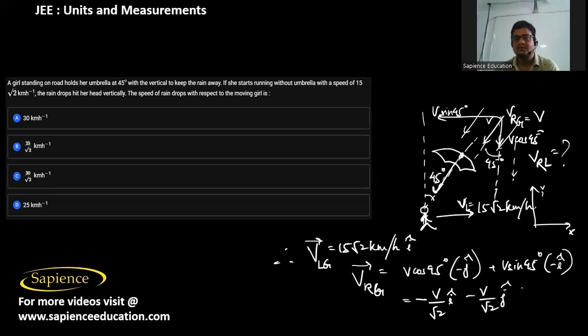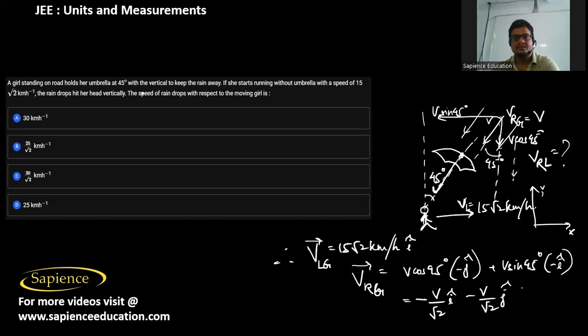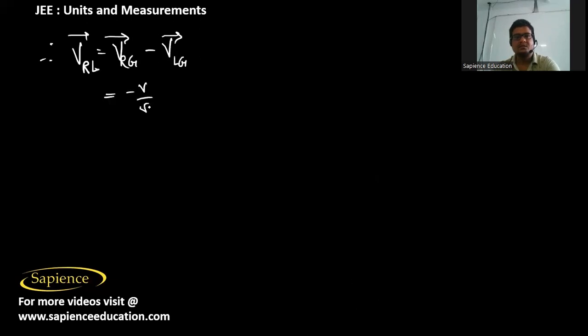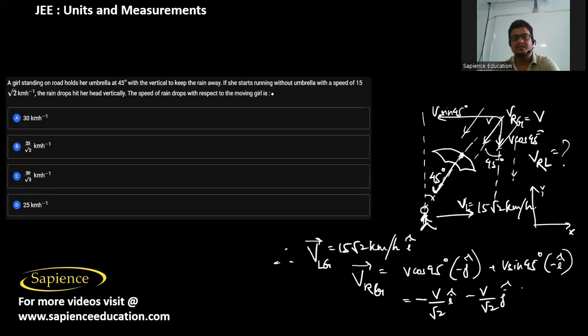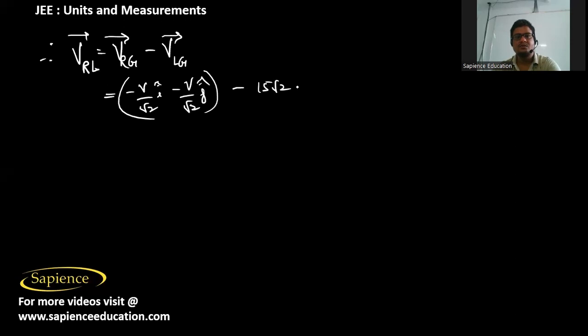So the velocity of the raindrops with respect to the girl will be equal to velocity of raindrops with respect to ground minus velocity of the girl with respect to the ground. So this will be minus V by root 2 i cap minus V by root 2 j cap minus 15 root 2 i cap.